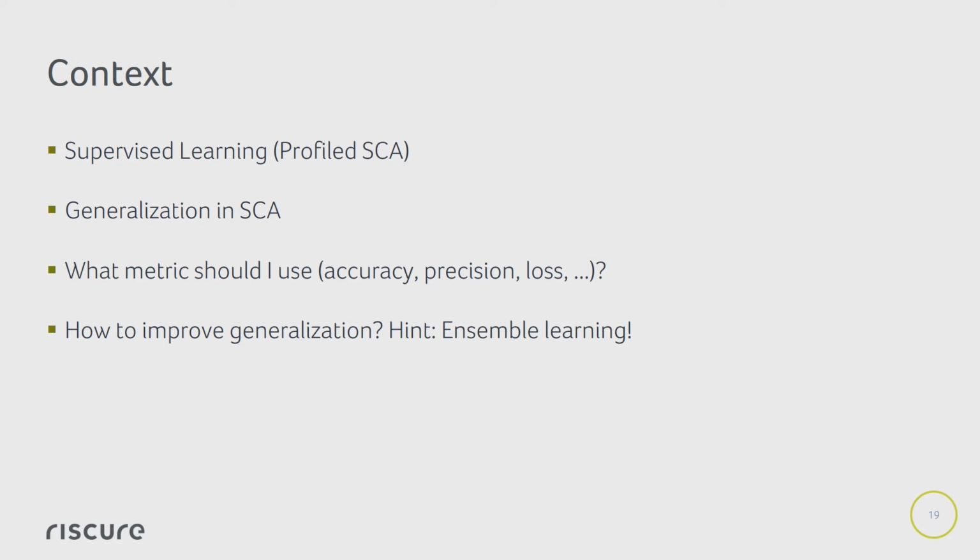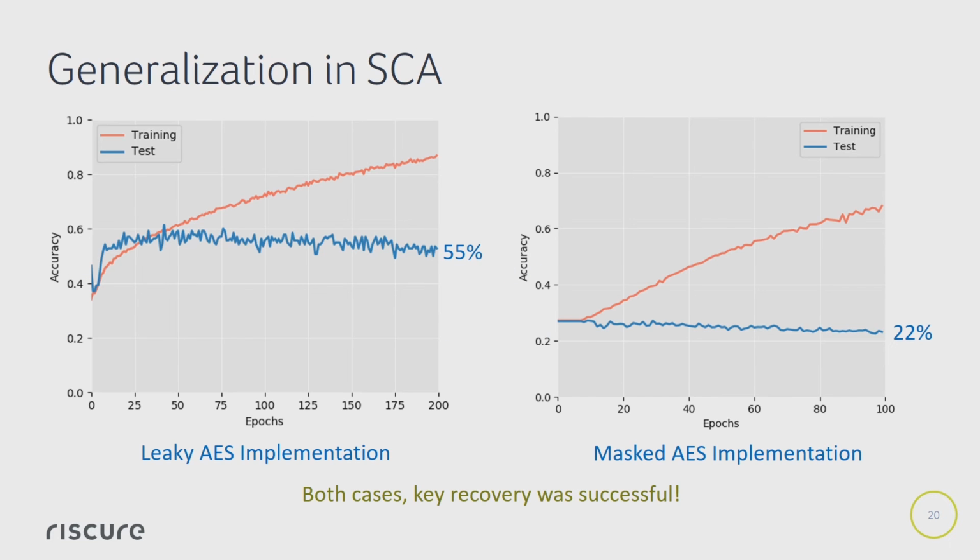I will show you that a machine learning technique called ensemble learning improves the generalization of the network quite a lot. This picture summarizes the problem. Let's say on a leaky AES target, you train your network and then you analyze the training and test accuracies. The training accuracy usually goes high until it overfits the network, and the validation or test accuracy is high enough to break the target. If you get 55% test accuracy, you can for sure recover the key.